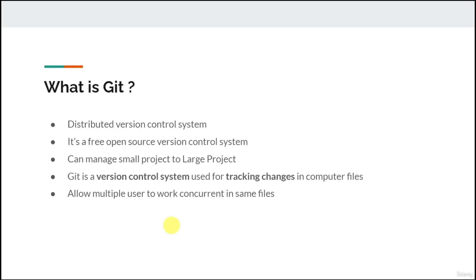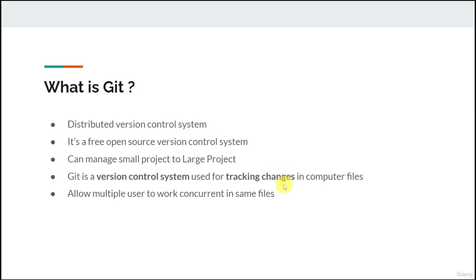Introduction to Git. What is Git? We already know Git is a distributed version control system, and it is free and open source, so we can manage small projects to large projects. If you want a definition, we can say Git is a version control system used for tracking changes in computer files.